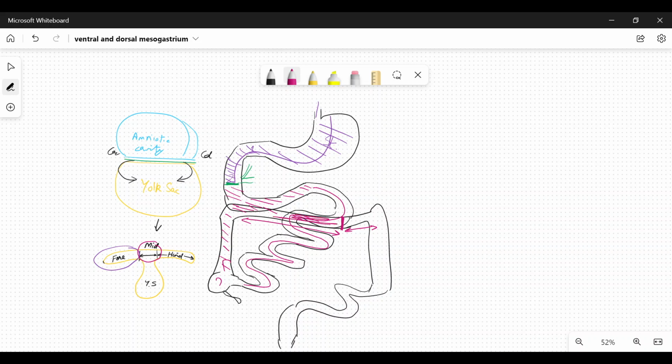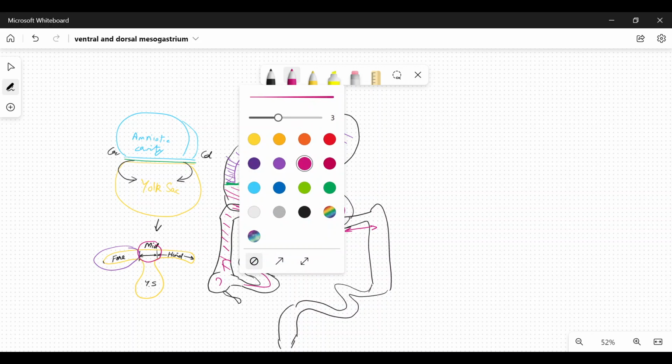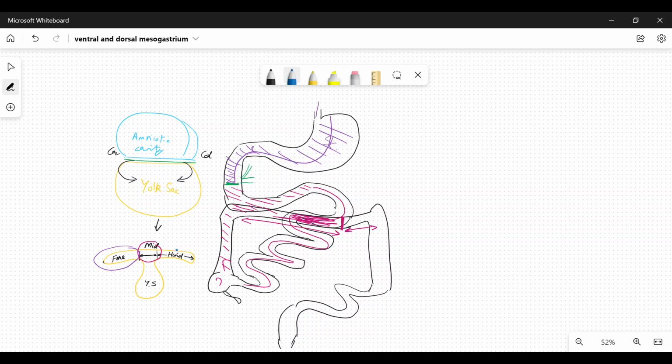Right. So up till here, the structures are derived from the midgut, and finally, what is derived from the hindgut? This distal part, that is the left one-third of the transverse colon and the entire descending colon, sigmoid colon, rectum, and proximal part of the anal canal. These all are derived from the hindgut.